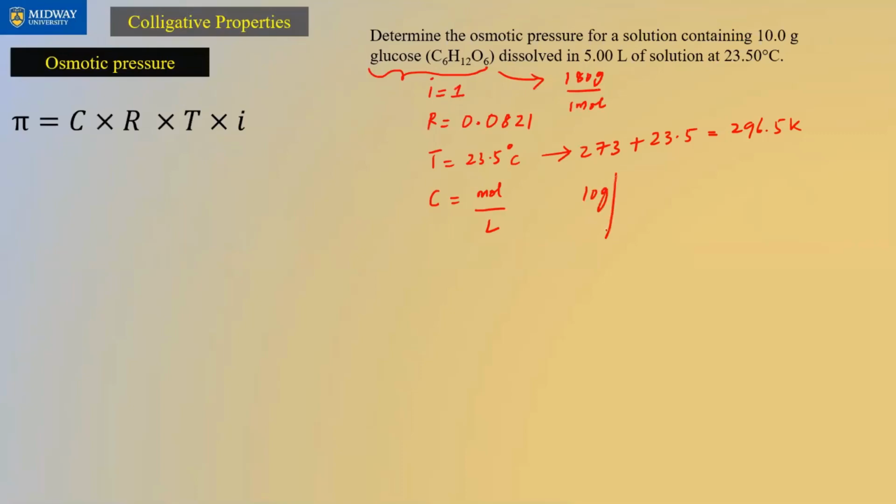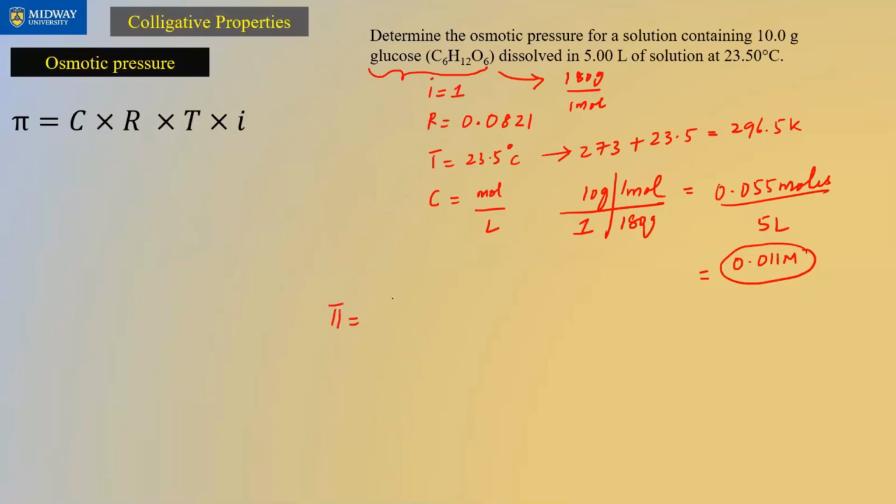So 10 grams over 180 grams per mole will be 10 over 180. It's 0.055 moles. And we are dissolving that in 5 liters. So divide that by 5 liters and that will give us our molarity. It's 0.011 molarity.